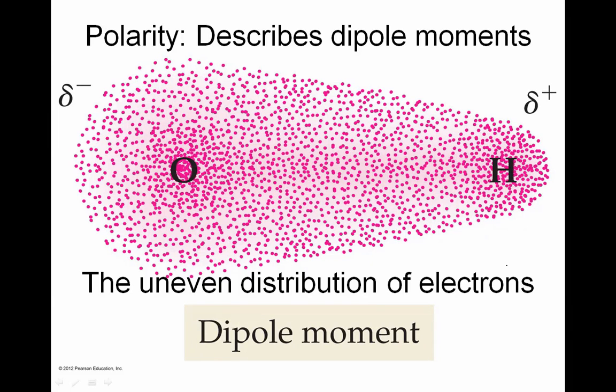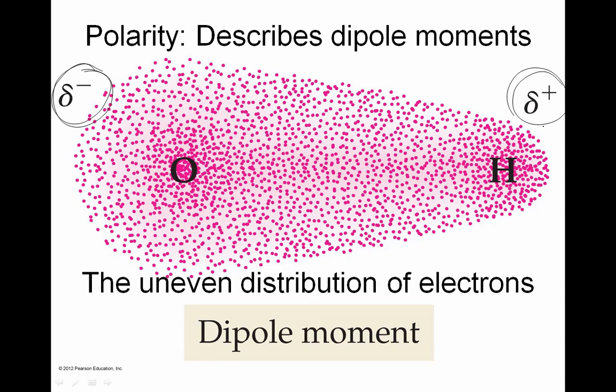So polarity describes the dipole moment. It's the uneven distribution of electrons. By dipole moment, what that means is you can have a partial negative, and that's the calculus symbol for partial. Really it's like a partial differential equation, but we're not going to worry about that. All it means is we've got a partial negative on one side and a partial positive charge on the other.